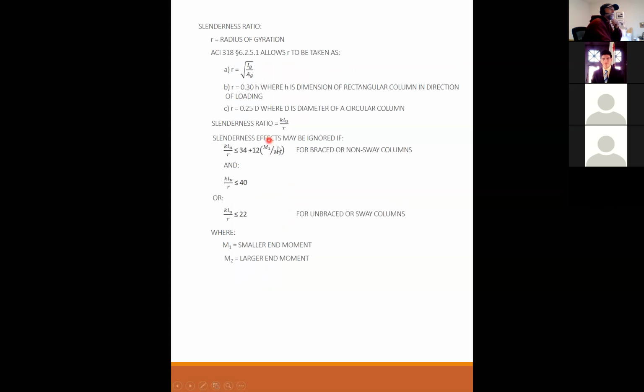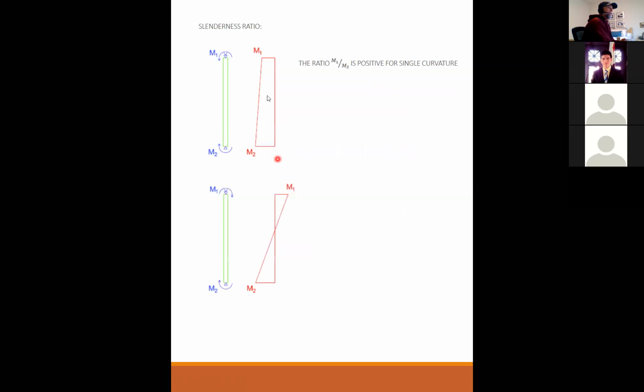But if M1 over M2 is negative, that's double curvature, and that means this is a lower value, because it would be 34 minus some value that KL over r has to be less than. So in this equation, be mindful that the M1 over M2 effect could be positive or negative, depending on which case you have. Any questions about that?